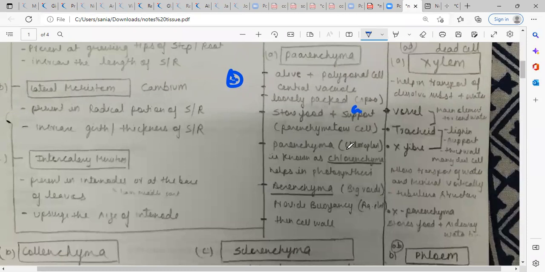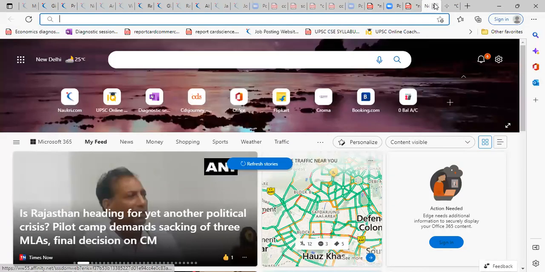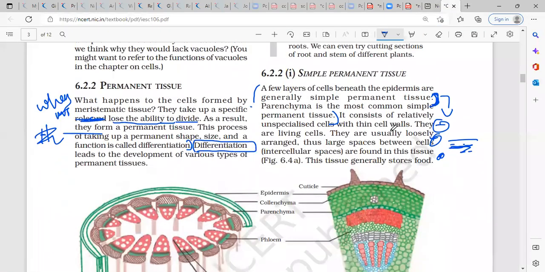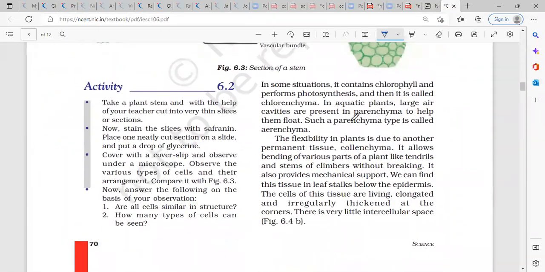When a parenchyma contains chloroplast, it is known as chlorenchyma, and that helps in photosynthesis. In the NCERT book it is written: in some situations it contains chlorophyll and performs photosynthesis, and then it is called chlorenchyma.